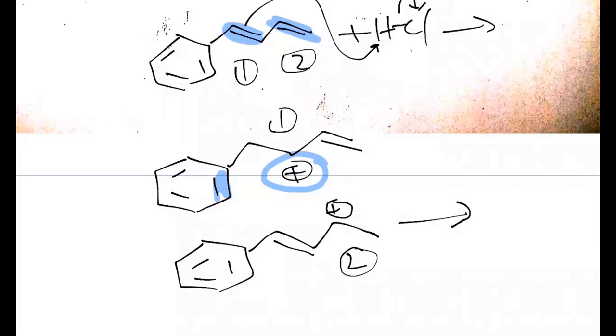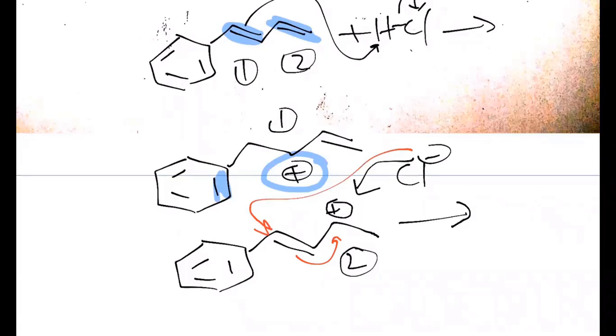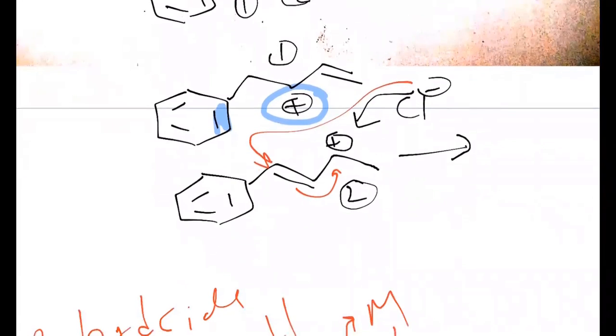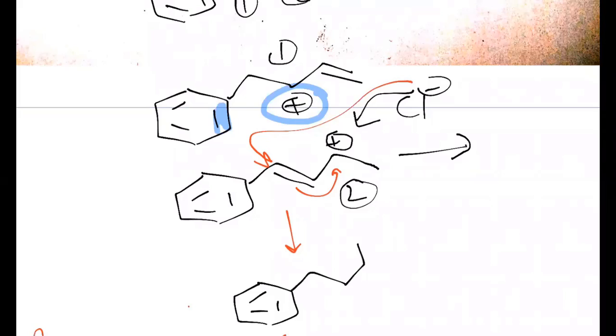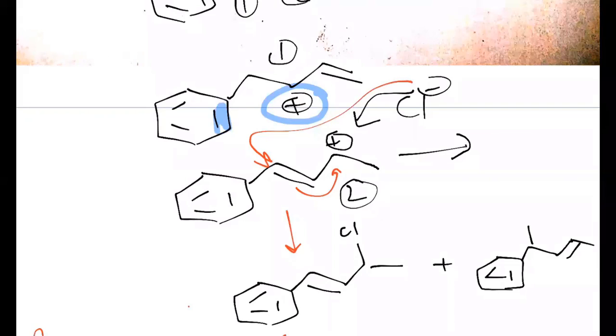All right. So yeah, you're right. If chlorine can come in here, or it can come in here and shift that over, that'll give us this, plus that, right?